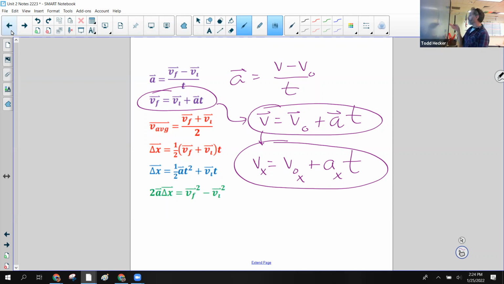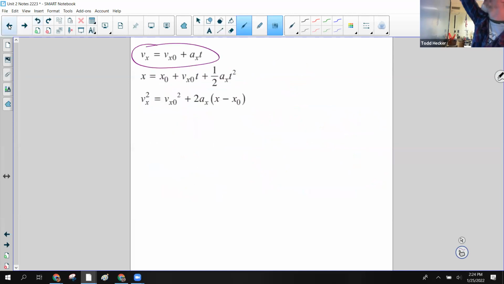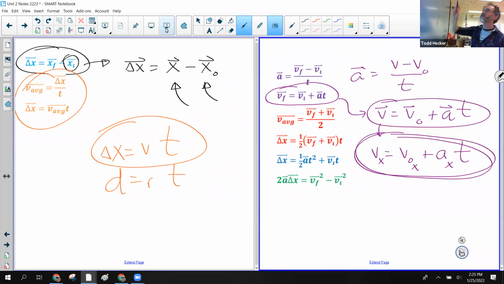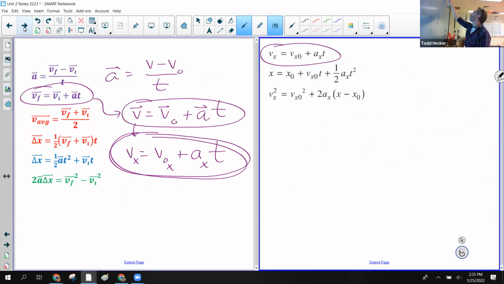Keep in mind, this could be any axis, right? So these could be y's or z's, depending on your scenario. So this is the first equation on your equation sheet this year.